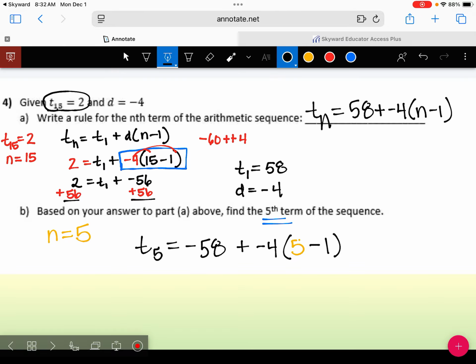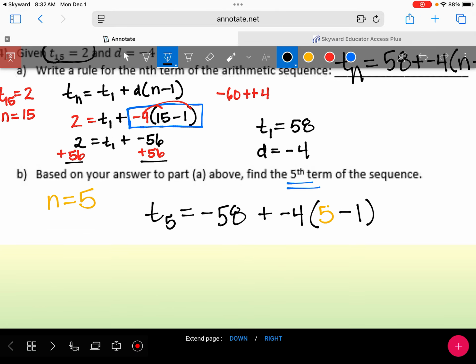Again, because we're going to just do order of operations, figure out what this is first, and then go from there. So you have negative 58 plus negative 4 times 4. Go ahead and see what you get.